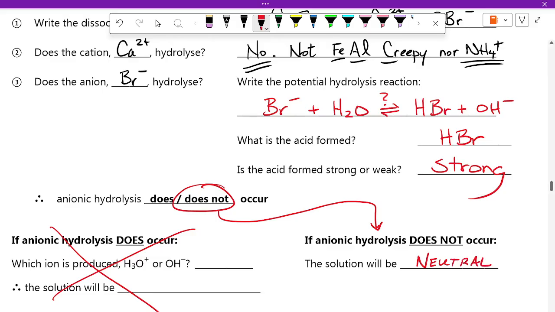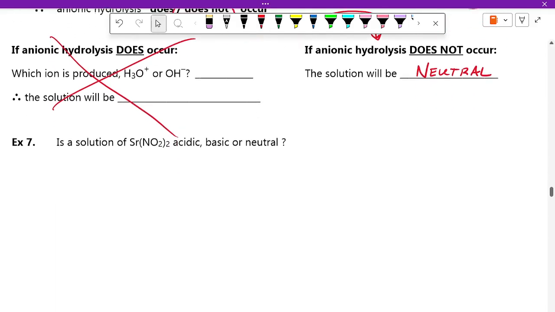We good with that? Okay. Do you need to write this down every single time? No. If you can look at this and be like, calcium, not Fe, Al, Cr, nor ammonium, so nope. If you can just look at bromide and be like, HBr is a strong acid, nope. You can just be like, neutral, bam, it's neutral. Yes? All this walking through is in case you aren't able to just see it like that, okay? But if you can just see it, then you're good to go.